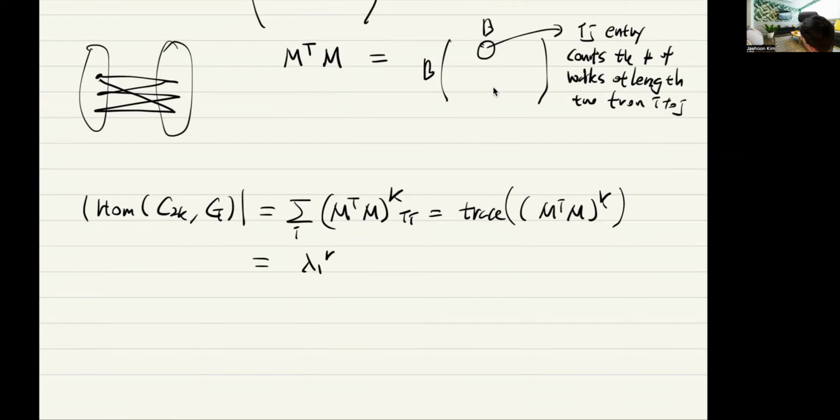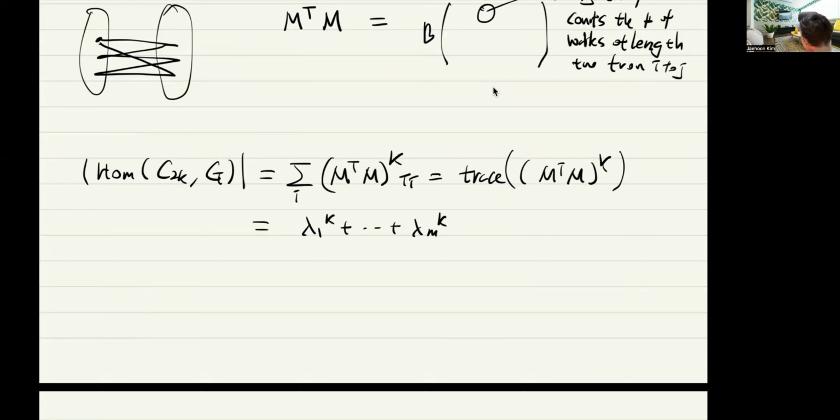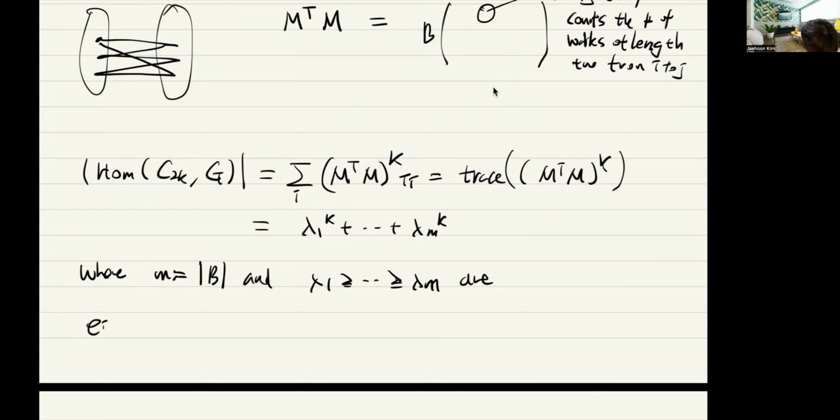And we know that this is the same as lambda_1 to the k plus lambda_2 to the k plus dot dot dot plus lambda_m to the k, where m is the size of B, we just define it this way, and lambda_1 through lambda_m are the eigenvalues of this matrix.